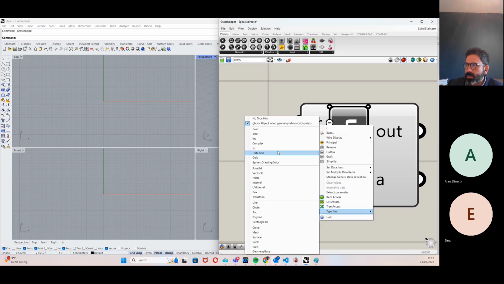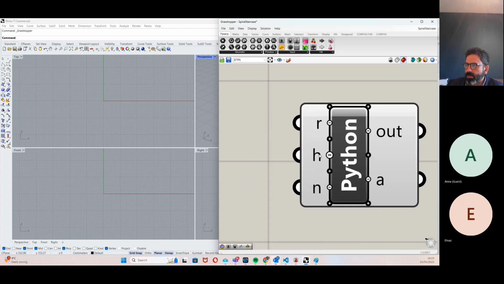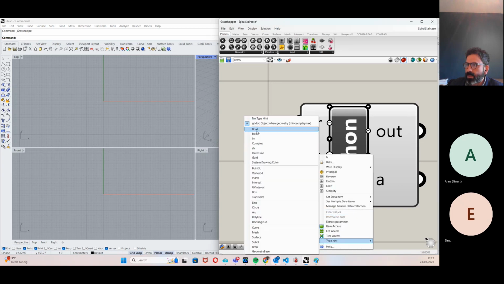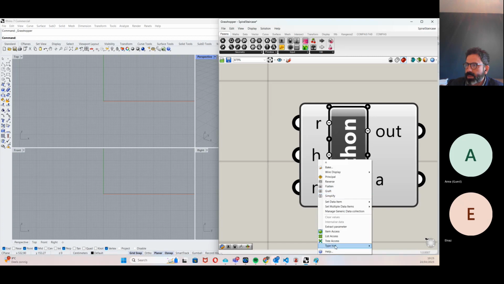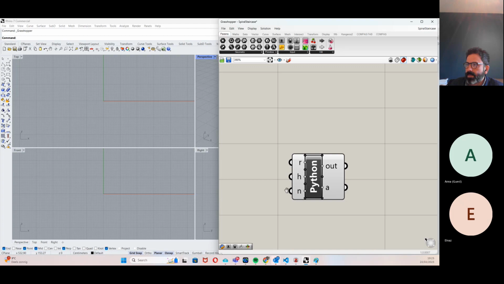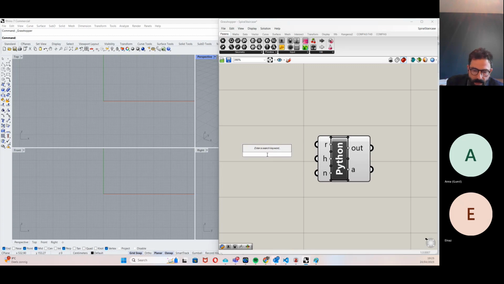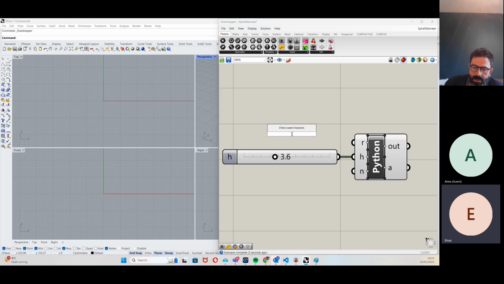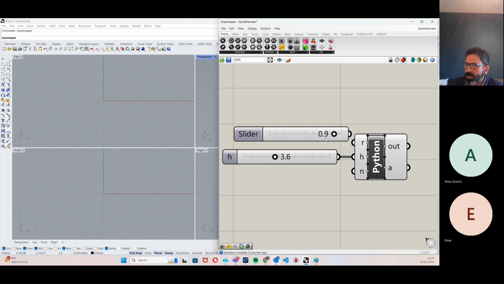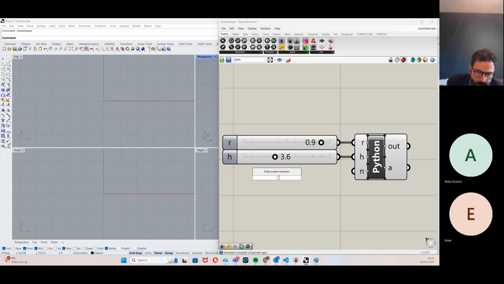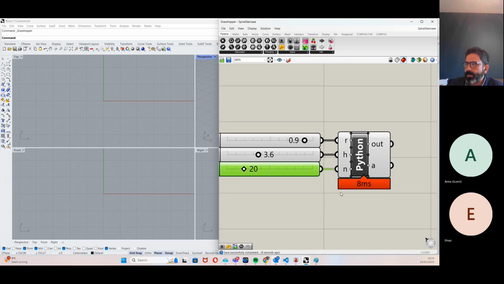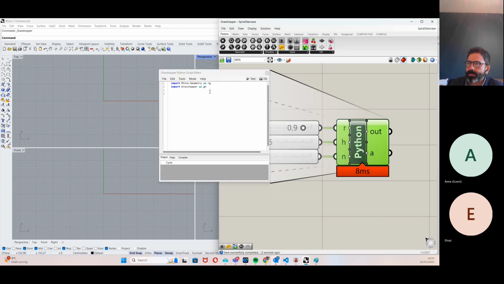You're going to define this as a float, this one as a float, but this one as an integer. So let's give it a number: 3.6 meters for the height, the radius 0.9 meters, and for the number of steps I'm going to put 20.